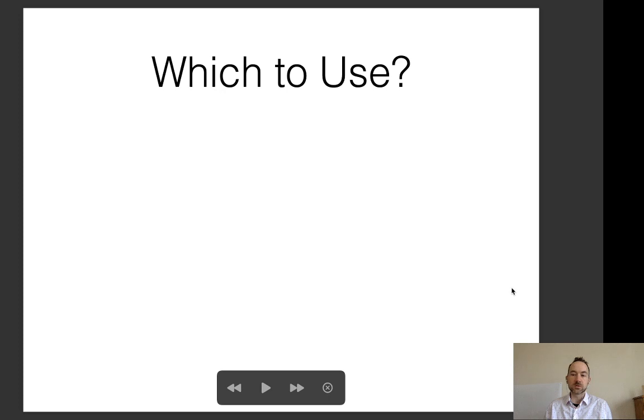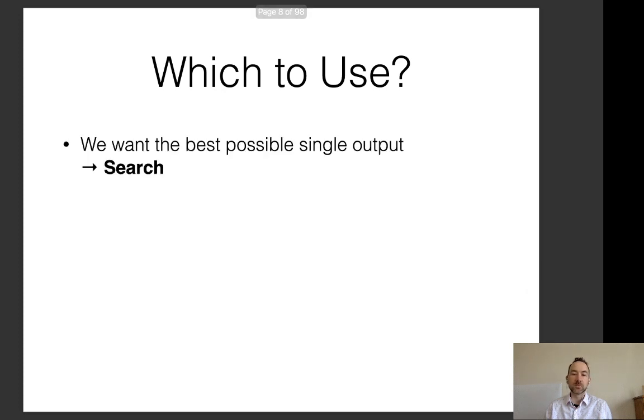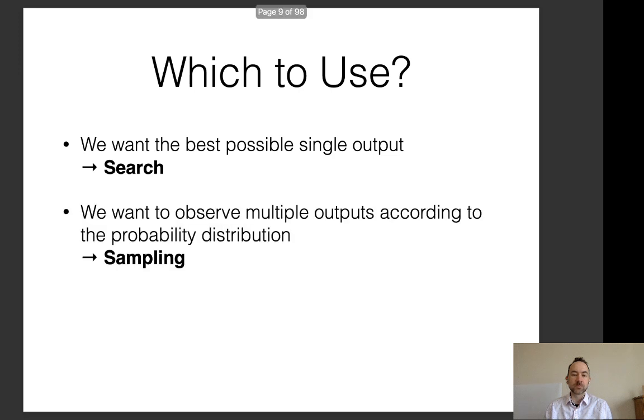And which to use is motivated by the problems that we want to handle. If we want the best possible single output, for example, because we're only going to show one output to a user, we might want to do search.